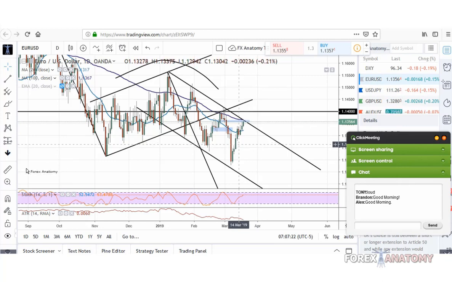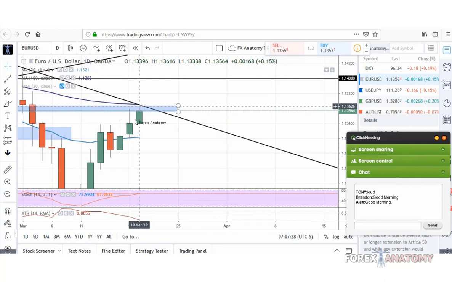But if you zoom in, you can see that price is also testing the 100-day moving average right here. So there is some confluence in this area. We have this descending channel resistance, or descending trend line resistance, and we have this 100-day moving average, and we have this zone of structure that we're going to see when we actually drop down to a smaller time frame.